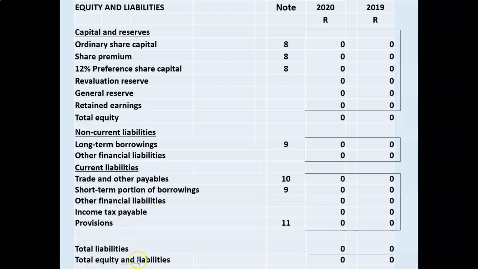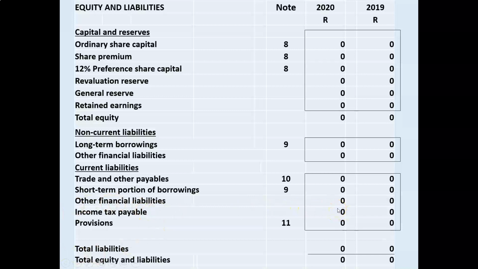Now, on what do we pay income tax? We pay income tax on the profits of the company. So if the company made 100 Rand profit at the end of the year, the company has to pay 28% tax on that profit. So 28 Rand of the 100 Rand has to be paid over to the receiver of revenue.